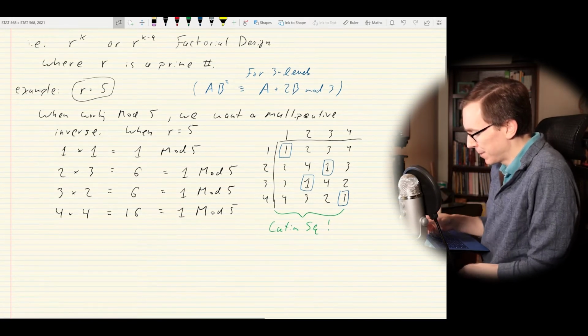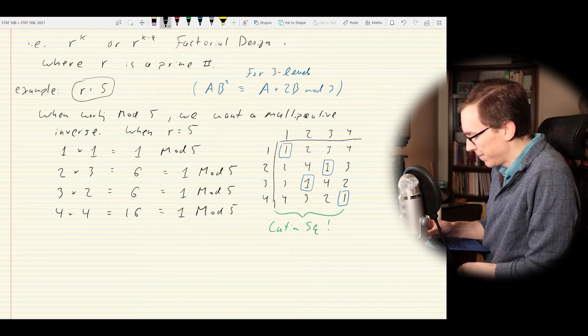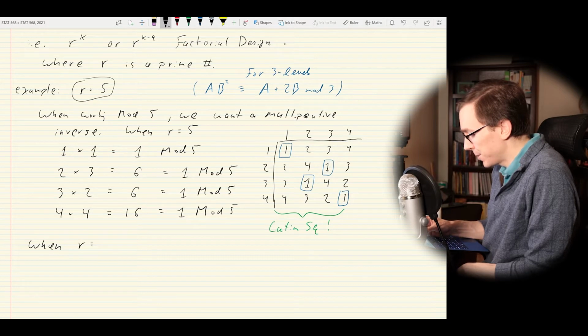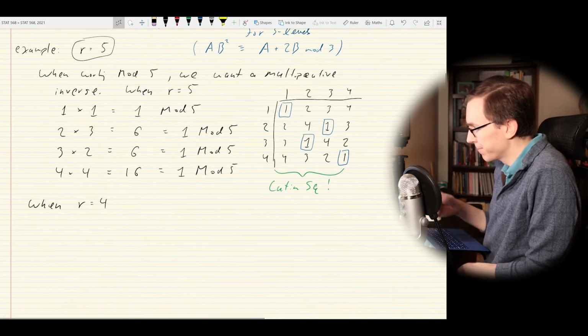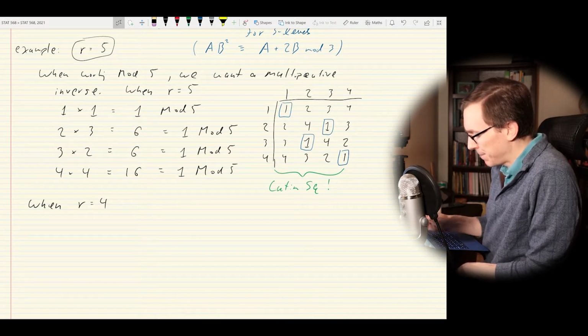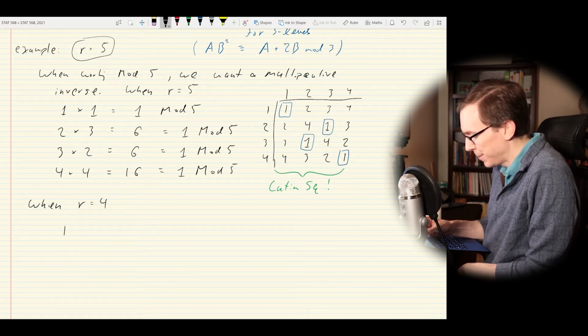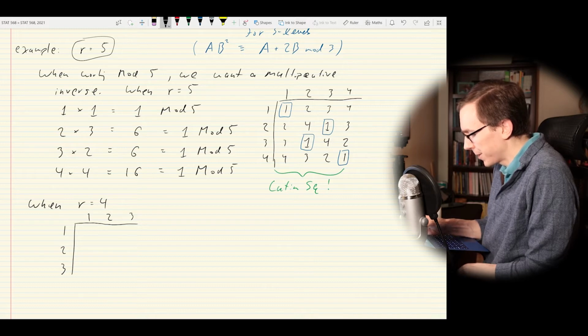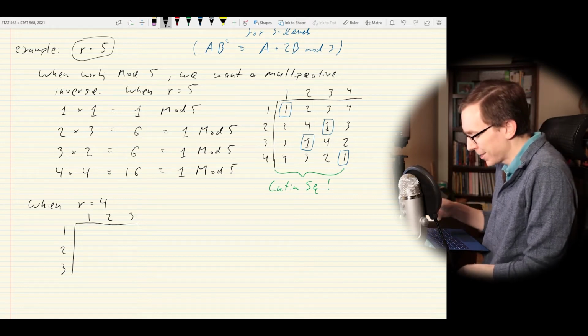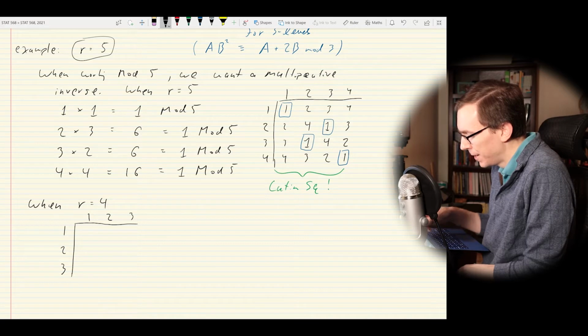Now, the problem occurs if we don't have a prime number. If r is equal to 4, for example, what happens in this case? I'll write out the entire multiplication table, since I think that's the best way to see it. In this case, we just have the elements 1, 2, and 3. Of course, we also have 0, but 0 times everything is 0, so I'm not going to include it in my table.